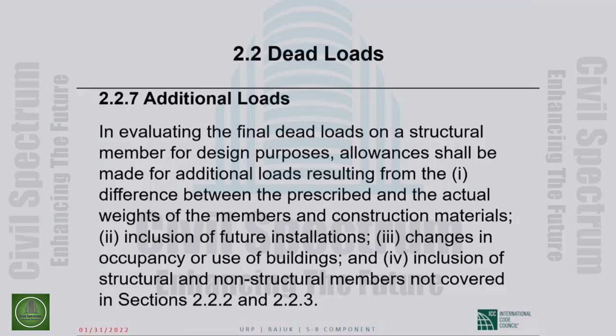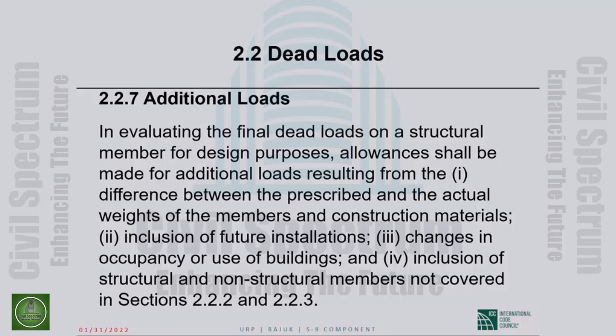Inclusion of future installations, changes in occupancy. So again, the only thing that I know is commonly done is designers quite often would design for significantly higher live loads than prescribed in the table in the code, and that accounts for possible changes in occupancy in the future.